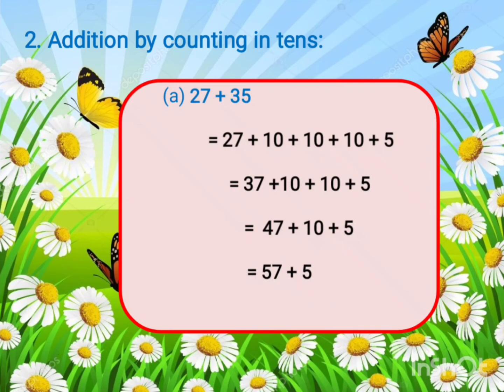We shall continue adding tens until all the tens are added to the number. At last, we get 57 plus 5. As we have no more 10 to add, we will eventually get our sum, that is 57 plus 5 is equal to 62.